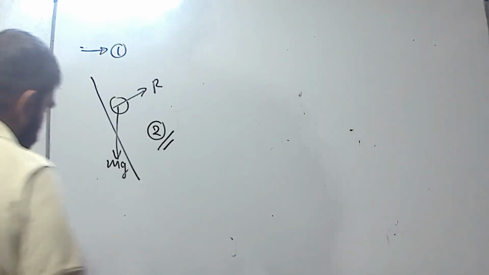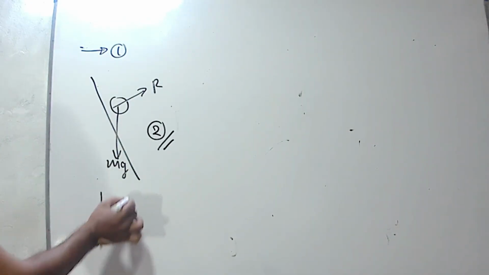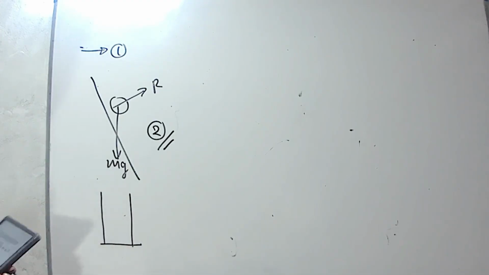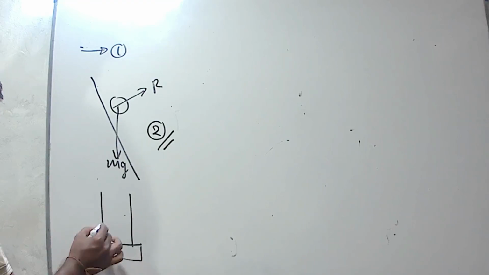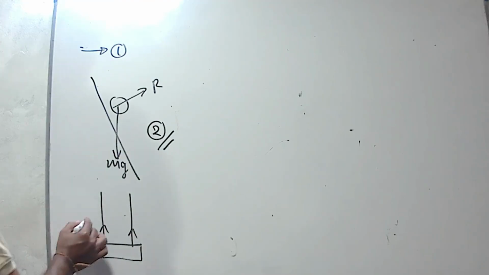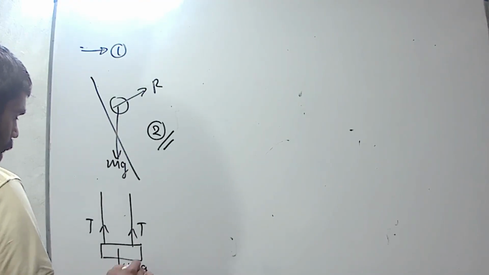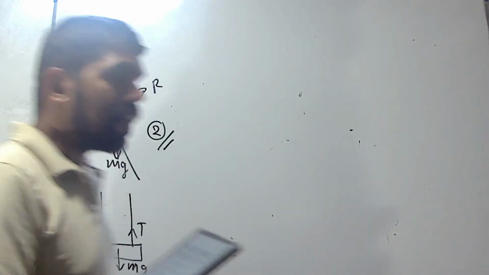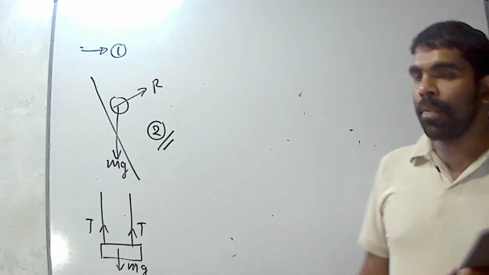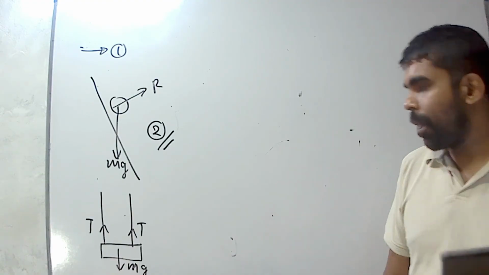We know that we can observe the maximum tension at the lowest point. Then the tension at the lowest point should be 2T. We can consider the tension of one rope as T, and there is a weight mg. We can observe maximum tension and maximum velocity at the lowest part.